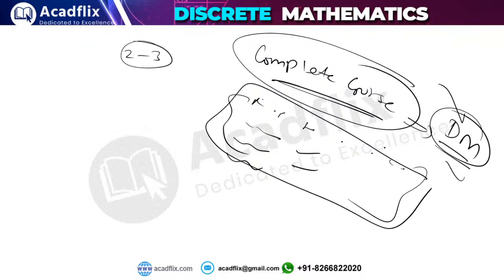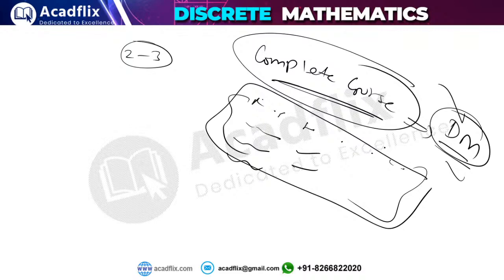With that, TOC and compiler I will teach. In the complete course I will teach TOC, compiler, discrete mathematics, DBMS, and if you like those subjects and give good feedback, then maybe I can take more subjects also. That will depend on your feedback.